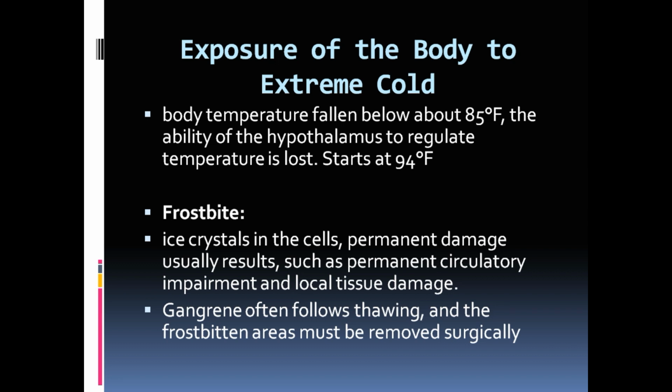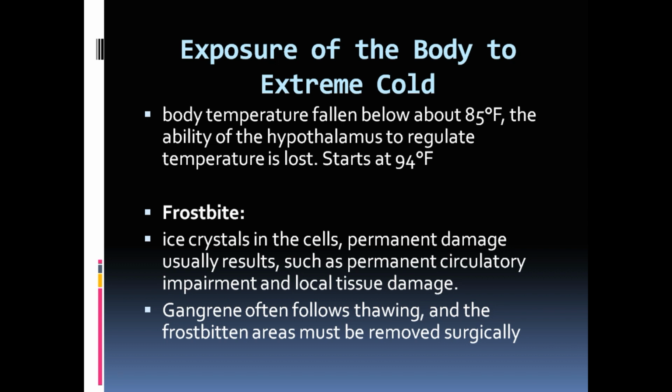There occurs the loss of ability of the hypothalamus to regulate the body temperature. But usually human beings do not allow the body temperature to fall below these levels except in extreme conditions. As we have already seen, the behavioral mechanism is one of the best mechanisms to prevent that fall of body temperature to these levels.